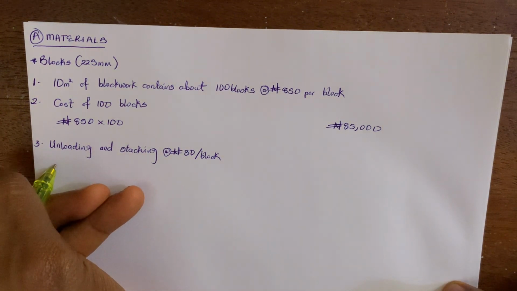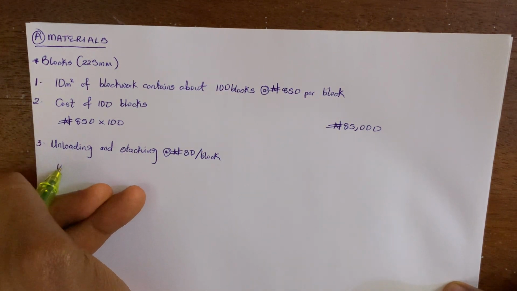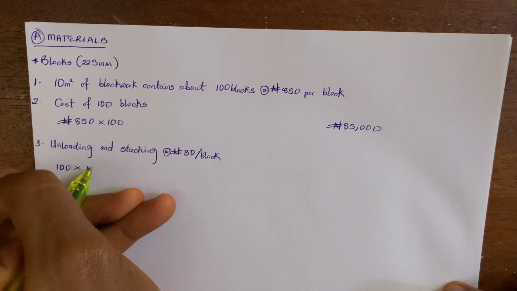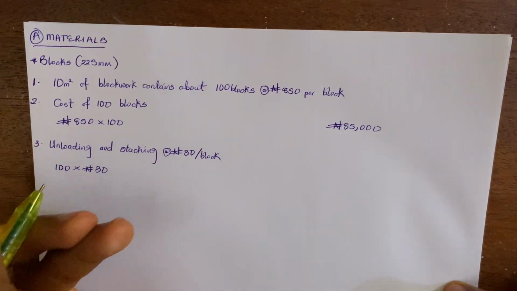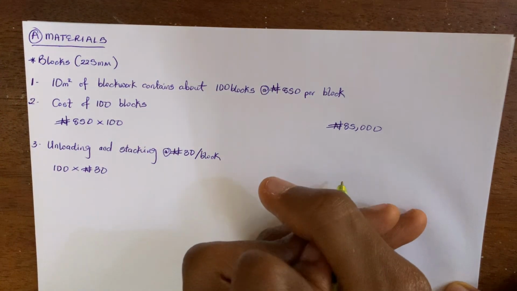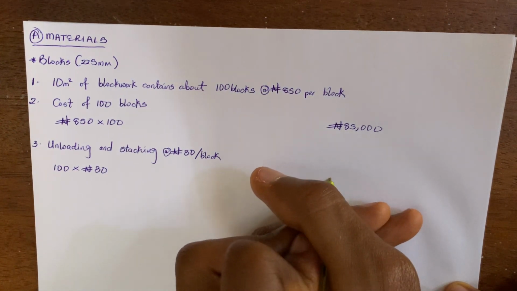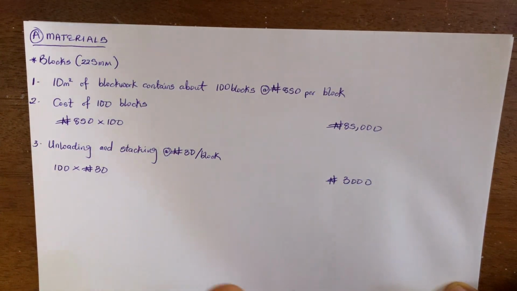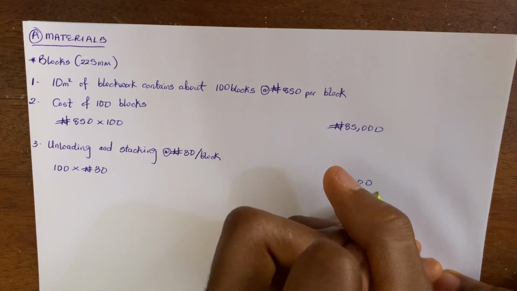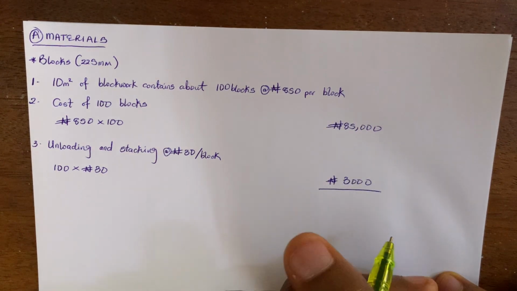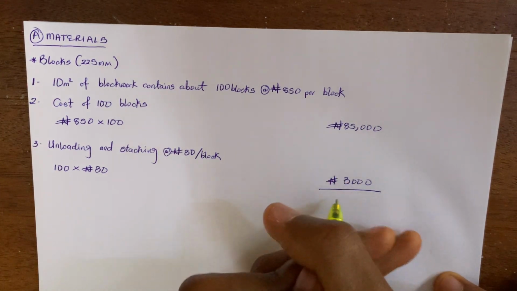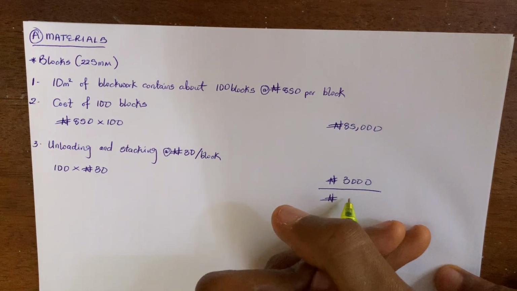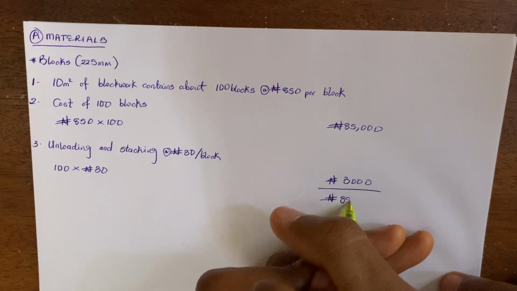So the cost for unloading 100 blocks will now become 100 multiplied by 30 naira, and that will give me 3,000 naira. So 85,000 plus 3,000 will now be equal to 88,000 naira.